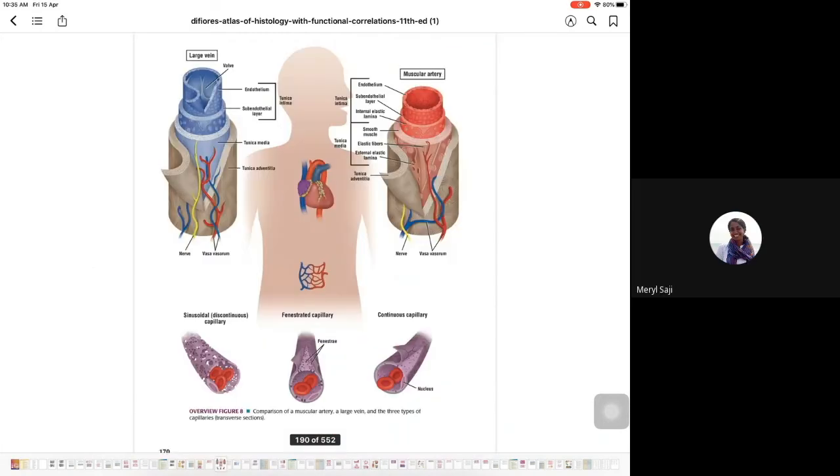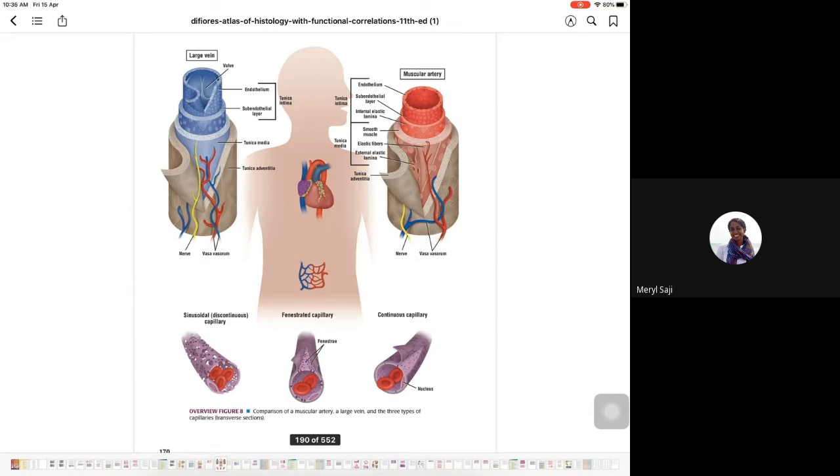Overview of figure 8. Comparison of a muscular artery, a large vein, and the three types of capillaries, transverse section. In the large vein, there is a valve, endothelium and subendothelial layer making up the tunica intima, and then tunica media and outermost tunica adventitia. In the tunica adventitia, we can see the nerve and vasa vasorum piercing it.